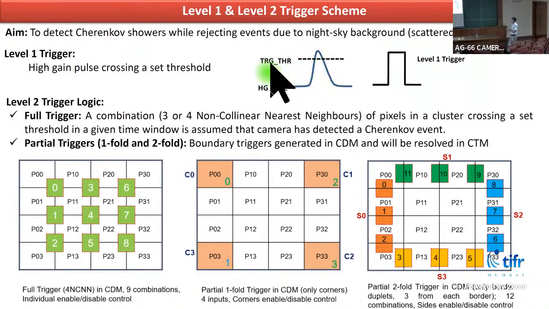From the lab tests and the first engineering test runs or physics runs taken at the camera site, the pixel rate versus trigger threshold curve will be taken, and based on that we decide where to keep the threshold for a particular pixel. Usually in this type of camera, it is 3 or 4 non-collinear nearest neighbors, and this value is taken from 2 to 5.